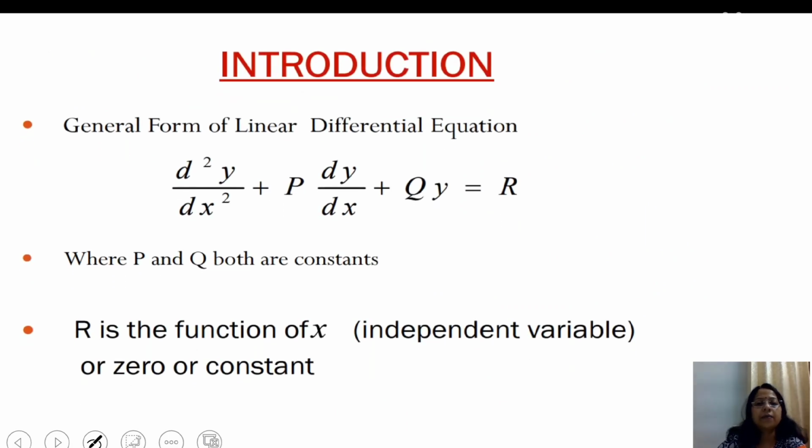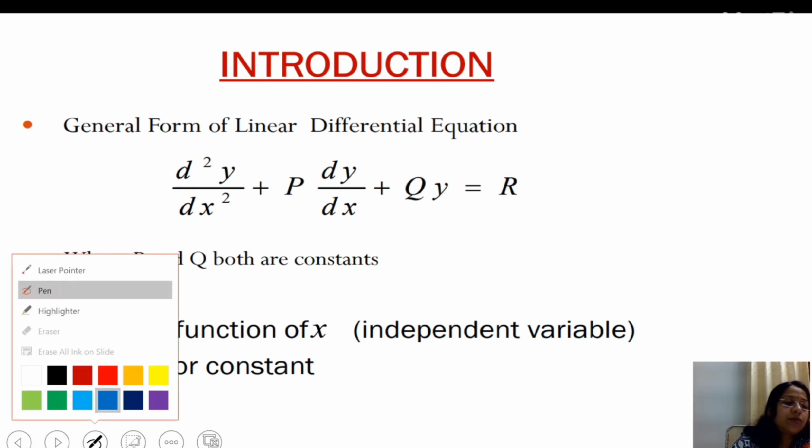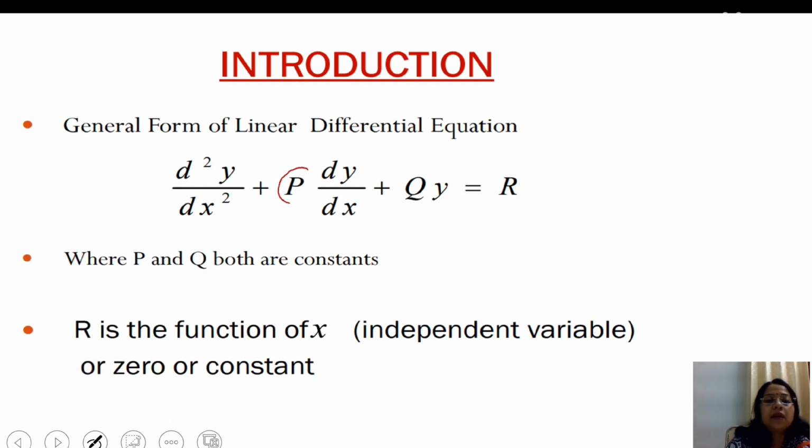Here I am going to tell you about the general form of a linear differential equation of second order. As I mentioned in my previous slide, if in place of P and Q I take constant coefficients, then that differential equation is known as a second order ordinary linear differential equation with constant coefficients.